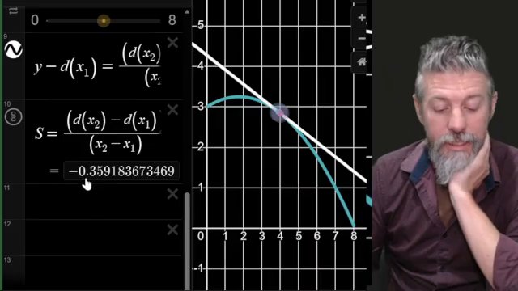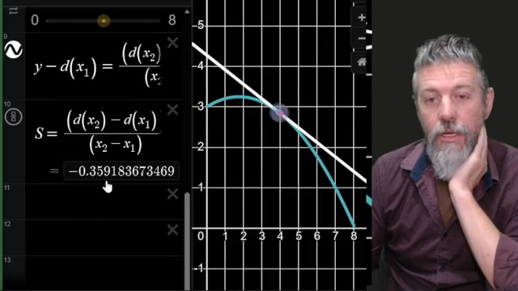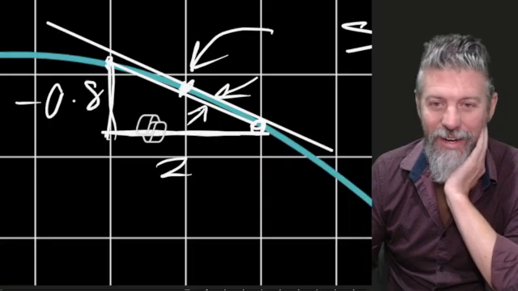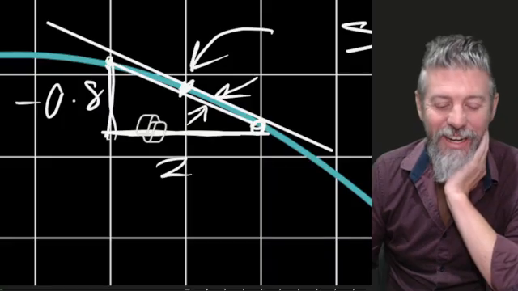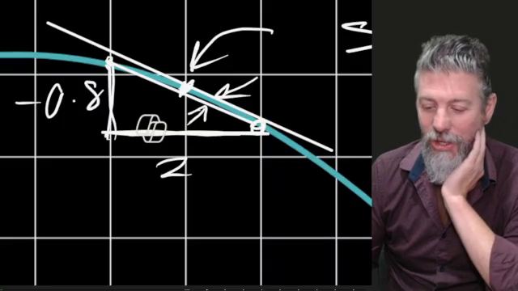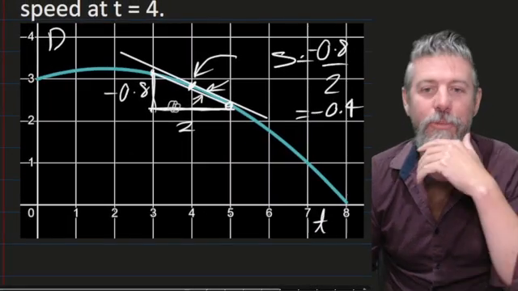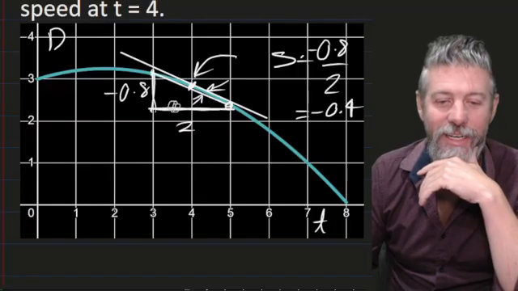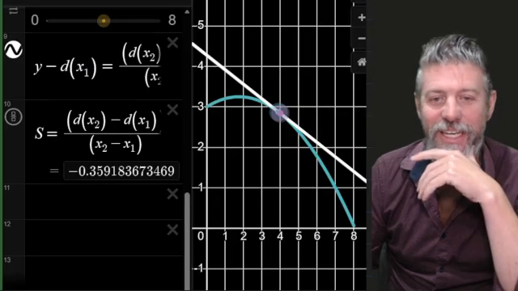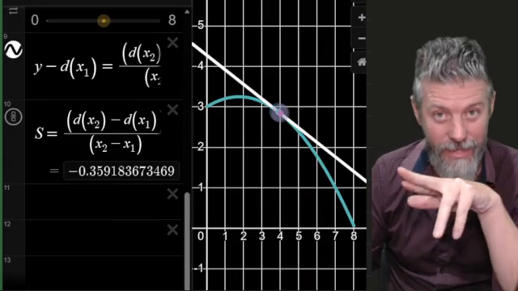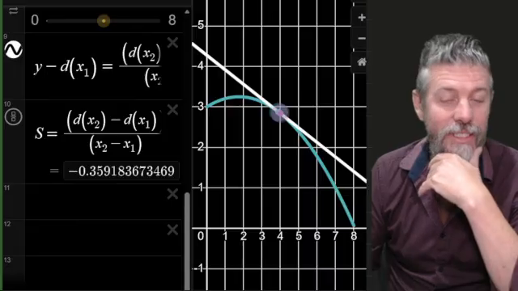And it told me that it's negative 3.6. So my super rough OneNote sketch got me a total of negative 0.4. And my super accurate Desmos calculation, as close to the tangent as possible without doing calculus, was negative 0.36.